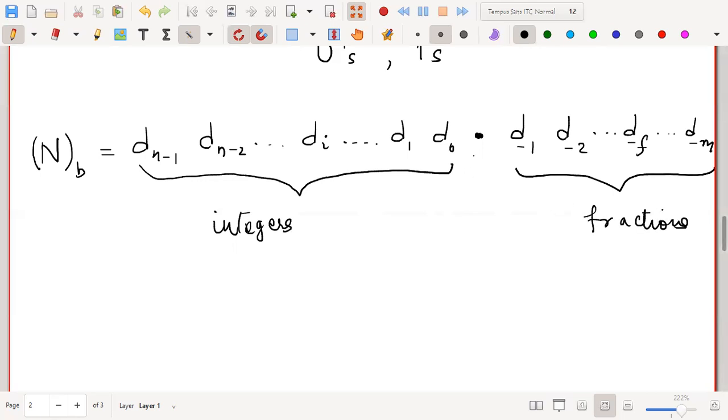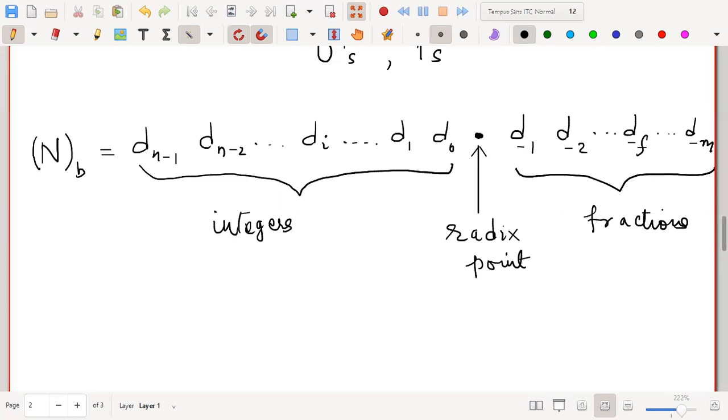All right. And now you see these integers and the fractions are separated by a point, and in digital electronics we call this point the radix point.